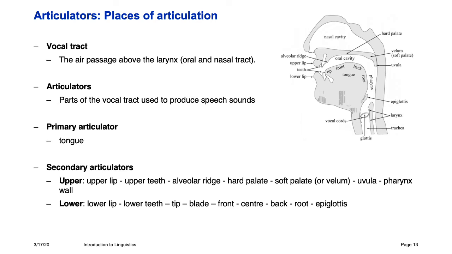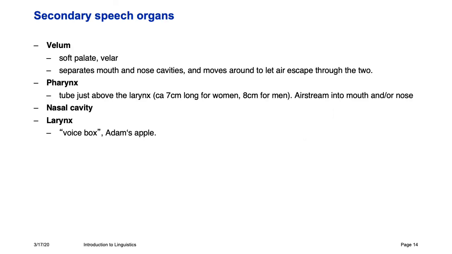Some languages, such as French, have nasal vowels, nasal qualities of phonemes, nasalization, which you don't have in English that much, with some exceptions. So the velum here we've just sorted out. Then we have the pharynx, that is the area between velum and the vocal folds, and the larynx. All of these are on our diagram.